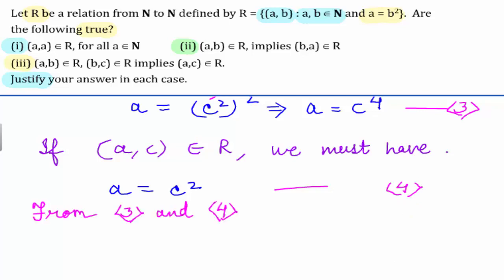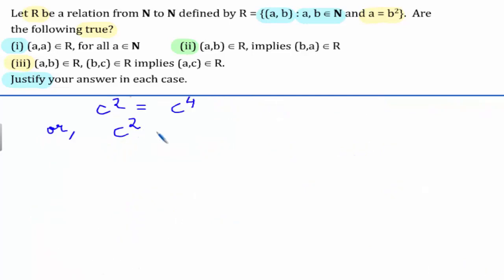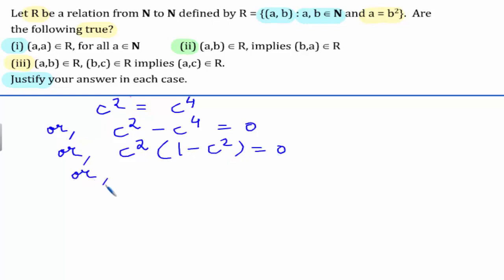So from 3 and 4 we have c² = c⁴, or c² − c⁴ = 0, or c²(1 − c²) = 0, and this can be written as c²(1 − c)(1 + c) = 0.